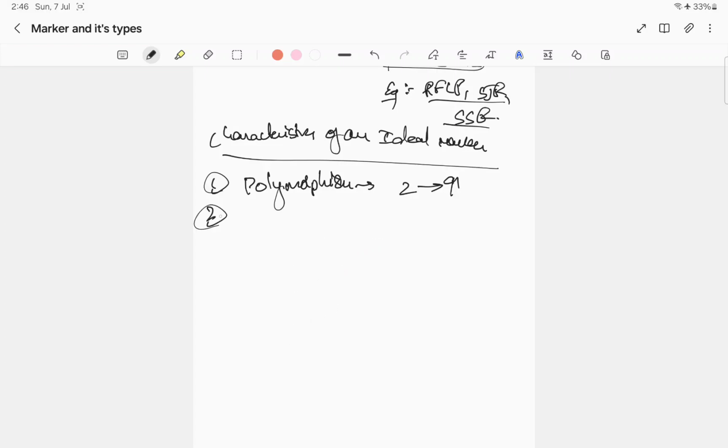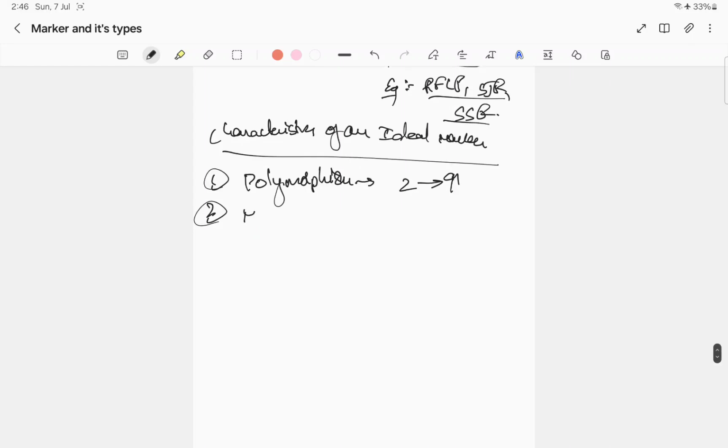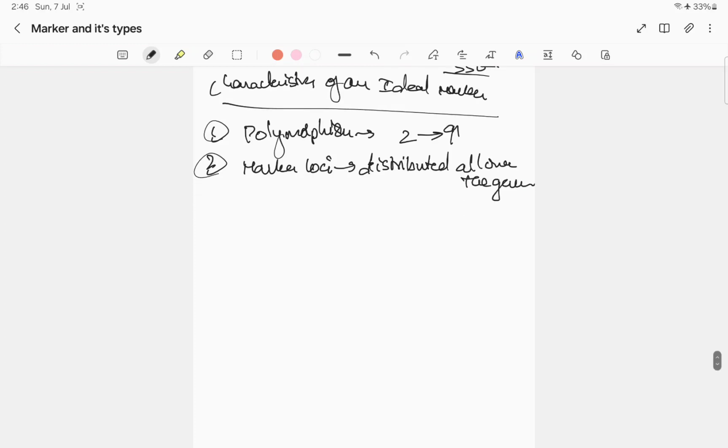The second point is that marker loci should be extensively distributed throughout the genome, distributed all over the genome.